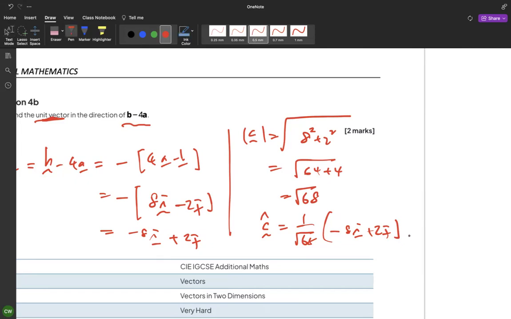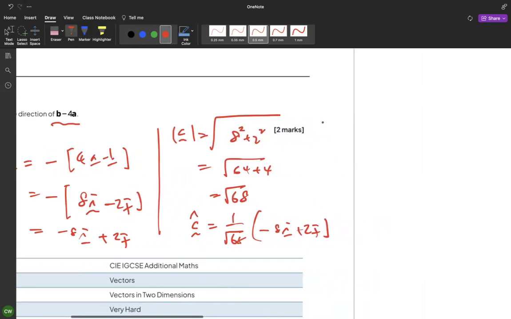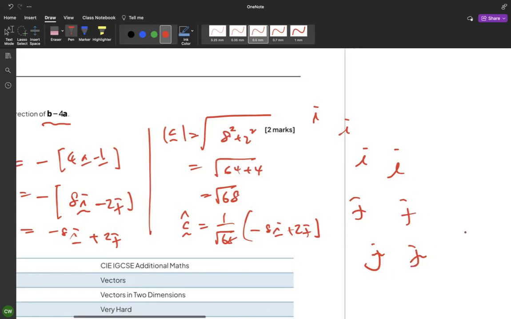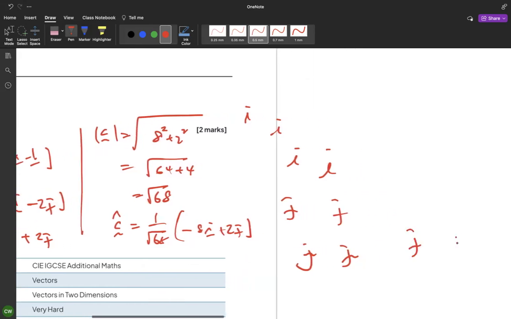Square root 68. This is i. Then j, we draw j like this, vector j.